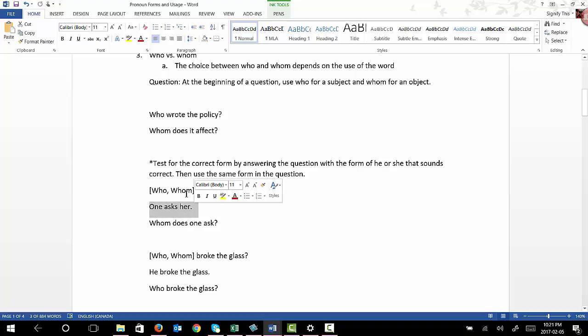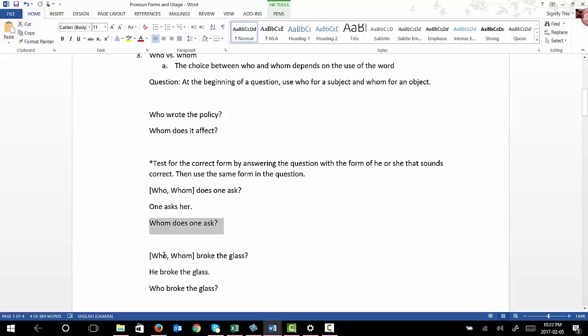One asks her. Then we can say, whom does one ask? Okay, remember that whom is the object pronoun, and same with her. That's why we can swap them.